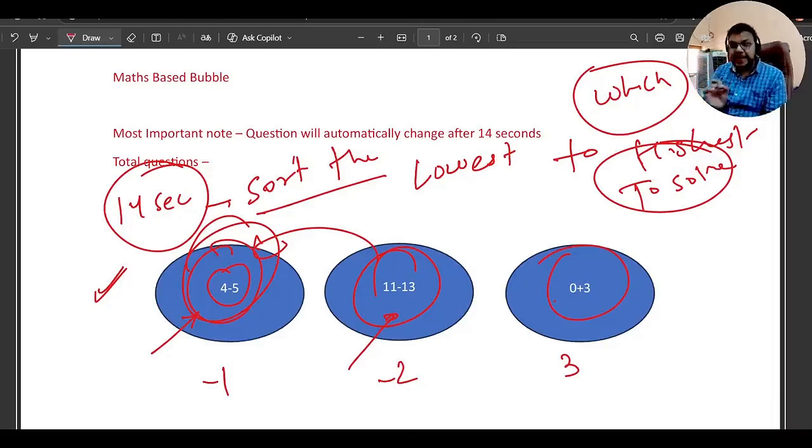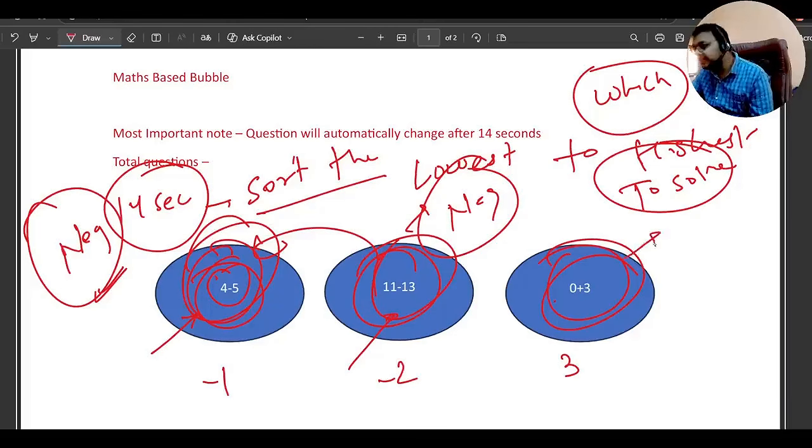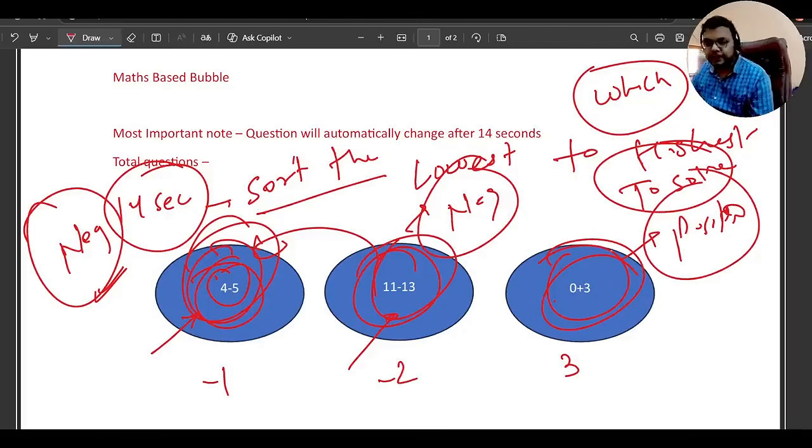Now, the main catch is that sometimes the equations can be tough. So what you need to do is just scan the question, and if you think the question is a little bit tough, just predict the answer. For example, 4 minus 5, definitely it will be negative. 11 minus 13 will also be negative. And 0 plus 3, definitely this will be positive. If it is positive, definitely it will be the highest.